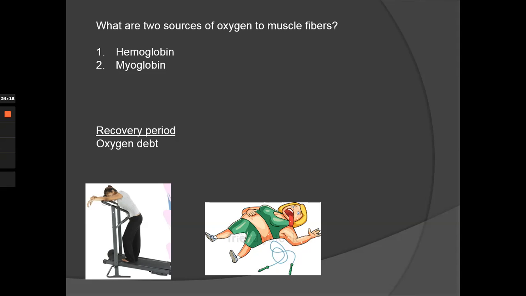Now, there's 3 things that are going on during that period of time where you're not exercising. You may even be laying down, but you're still breathing and your heart is pumping like you are. So there's 3 things that are going on during that recovery period.